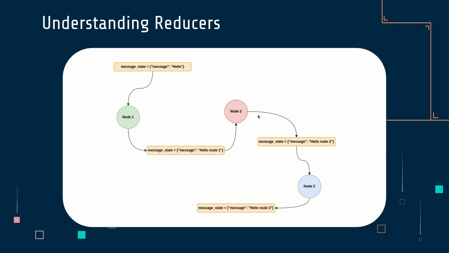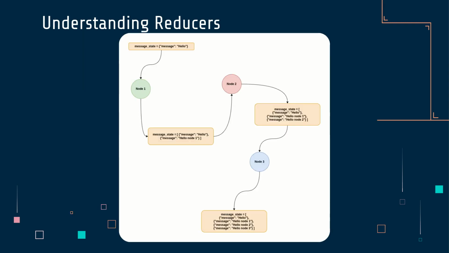Like if I ask node 3 what was said previously, it couldn't remember anything because it's just overriding stuff each and every time, right? So to avoid this issue, we can have a reducer so the agent can have a bit of memory. In that reducer, you can store all the previous messages so the agent can know the flow of the conversation, can know the previous messages.